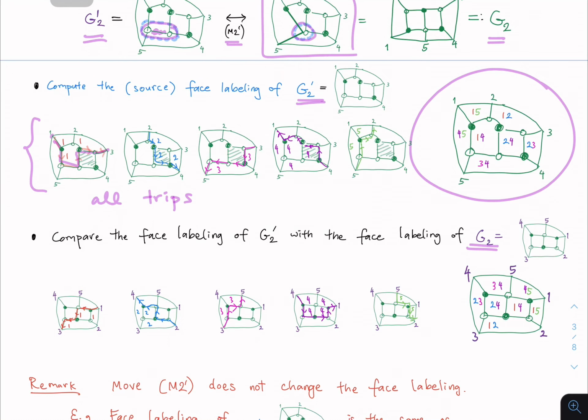So the 2 graphs are slightly different, but if you compare their phase labeling, you can see that they actually have the same phase labeling, even though in G2 prime you have this face that is a pentagon, and here you have the face that is a square. And again here, this part is a pentagon, but it has the same face label as this square.